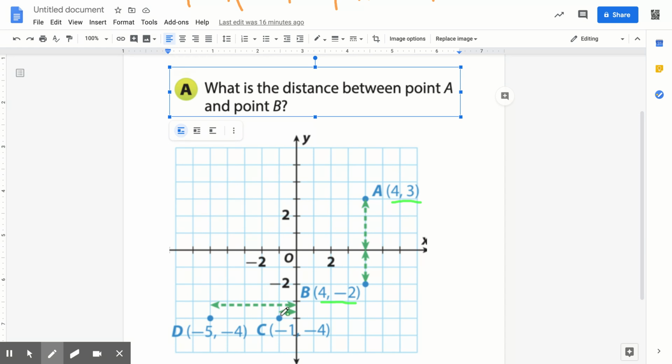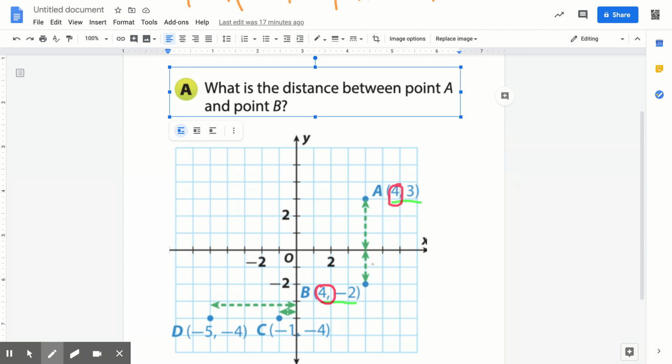So as you can see here, look at this. Do we have the same X or Y coordinates for these? Well, yes, we do. And I'm going to circle them in red. So here we have the same X coordinate in this case.